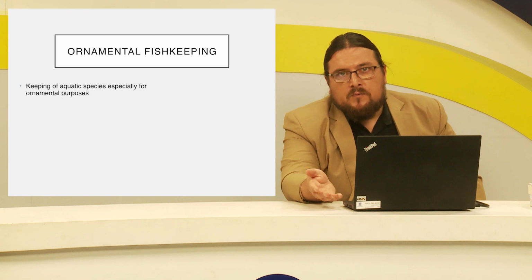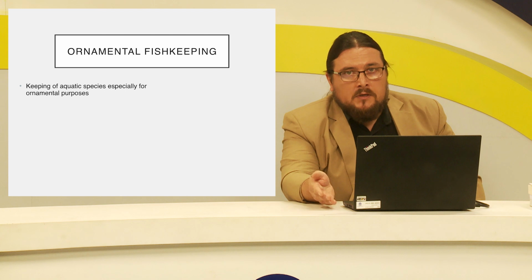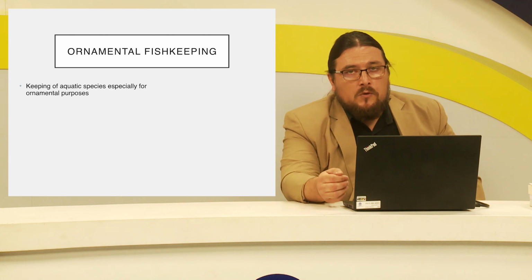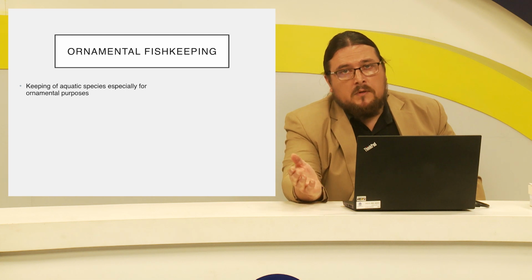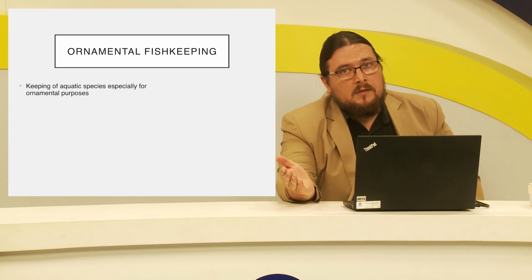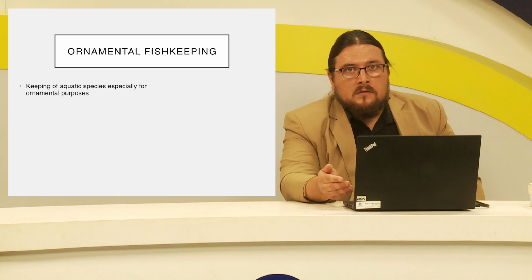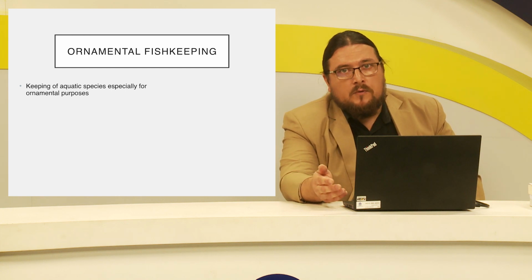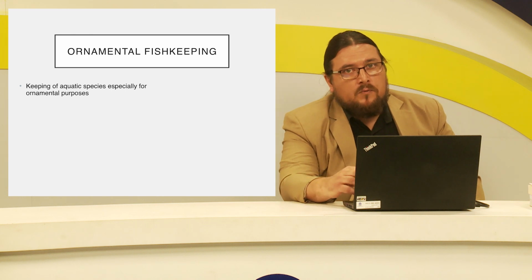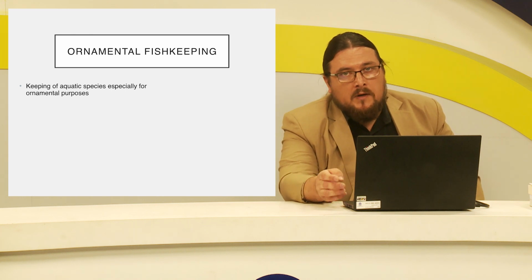It is keeping just for ornamental purpose, not for consumption, not for research. You can find also some animals which are kept for both purposes, for consumption and as ornamentals. But stocking and culture for consumption is not a part of ornamental aquaculture.